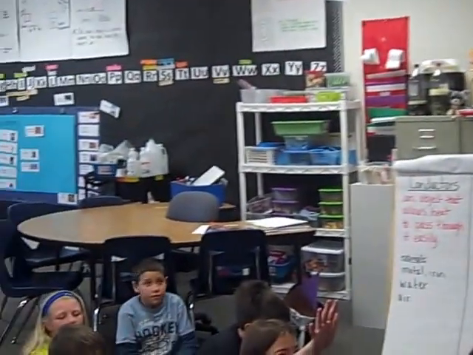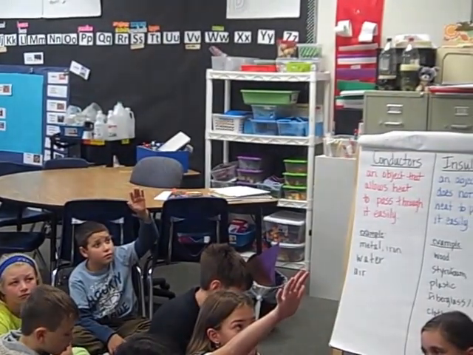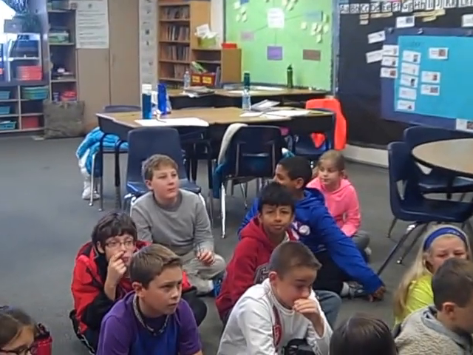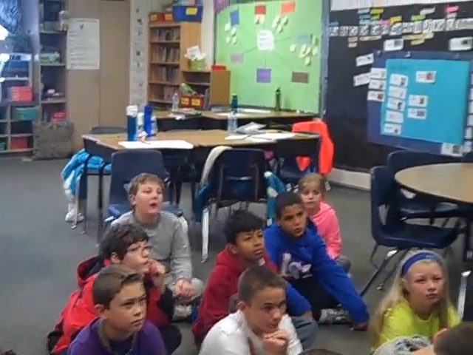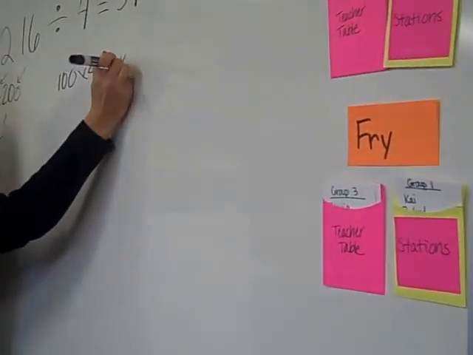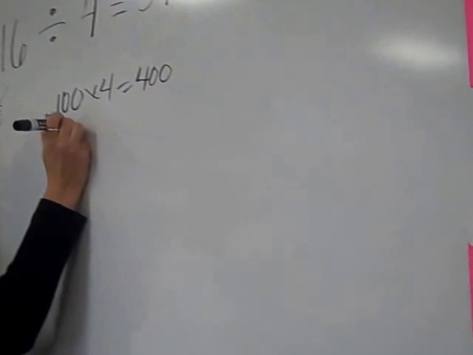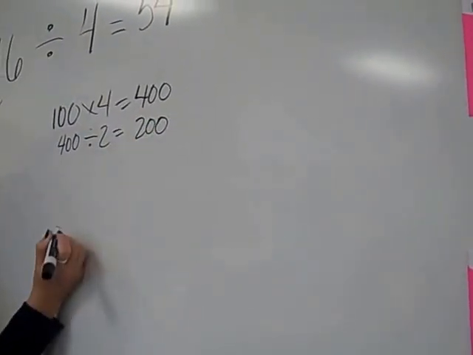Anybody have another strategy? Let's go with Ethan. So to get to the 200, I tried 100 times 4, but then I got 400. So I halved that because half of 400 would be 200. So I halved the 100 times 4 to 50 times 4.